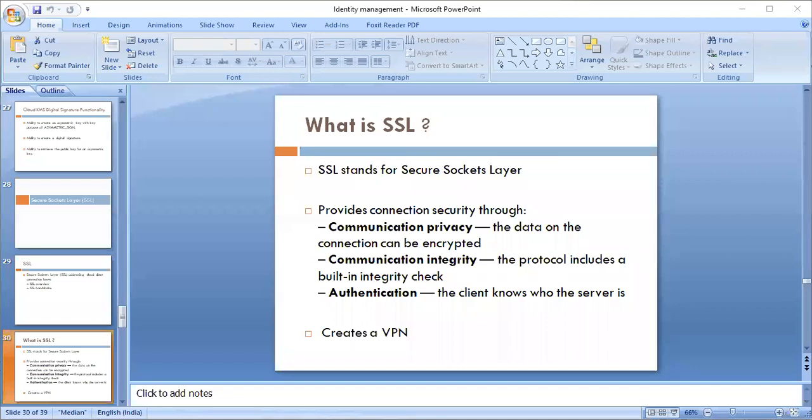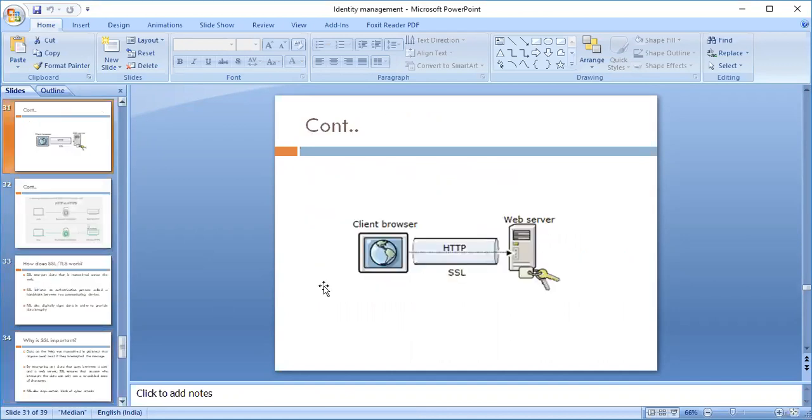SSL is an industry standard and is used by various websites in the protection of their online transactions with their customers. To ensure a secure connection between the server and the browser, we make use of SSLs. You can have a look over here.